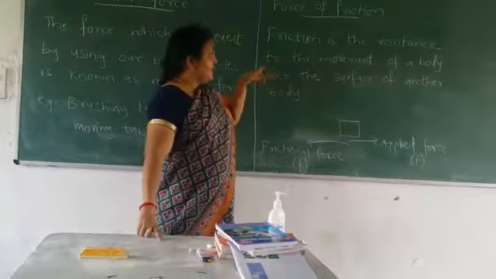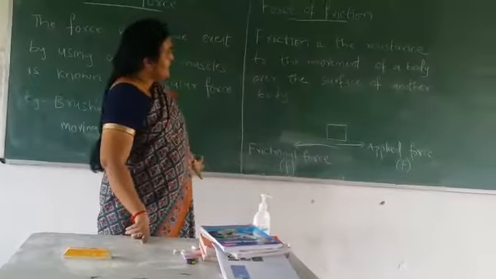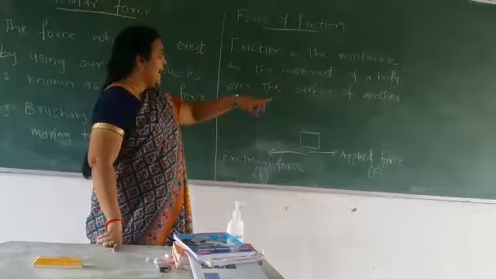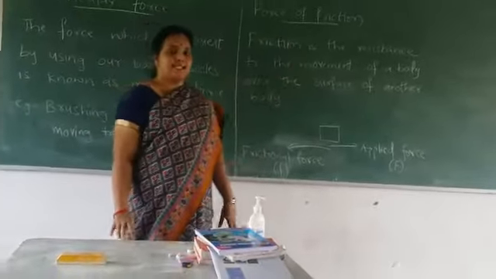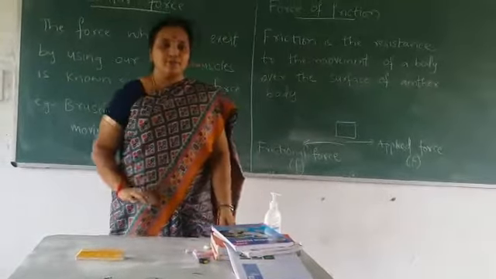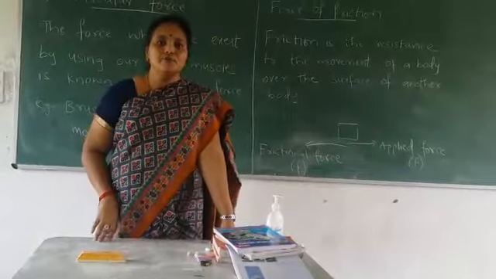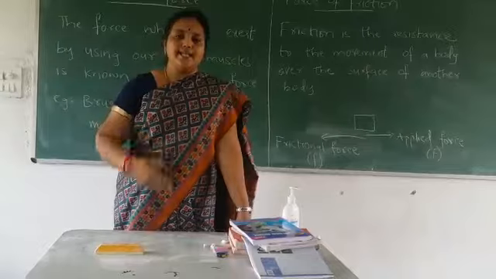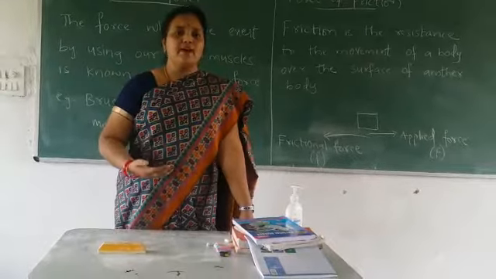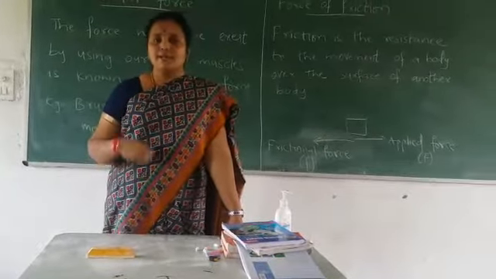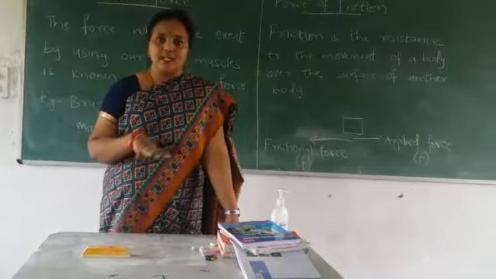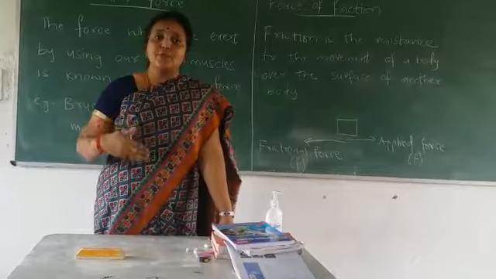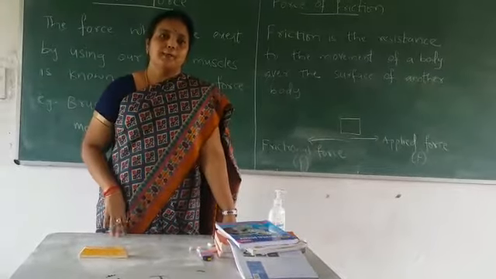Once we see the definition. Friction is the resistance to the movement of a body over the surface of another body. Resistance is nothing but a stopping force, which will stop the movement of the object. It can be any object. Now you are riding a bicycle and you have applied the brakes. When the brakes are applied, the cycle will not stop by itself. There should be a force to stop the bicycle.